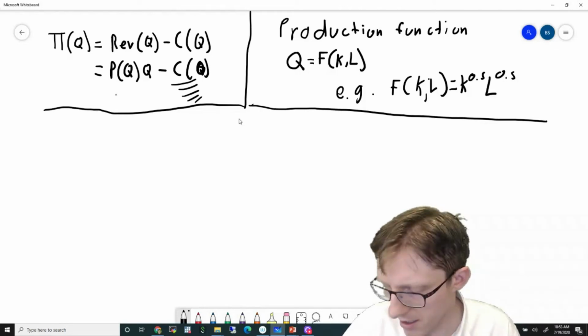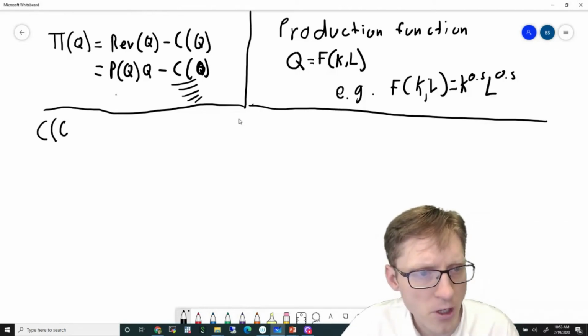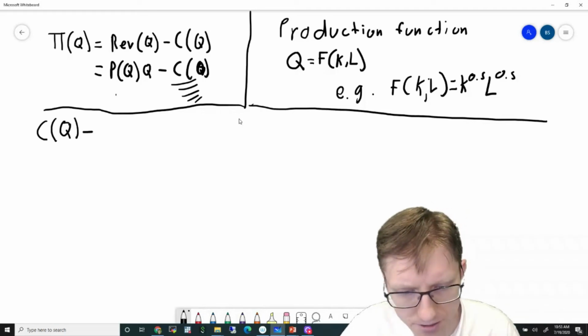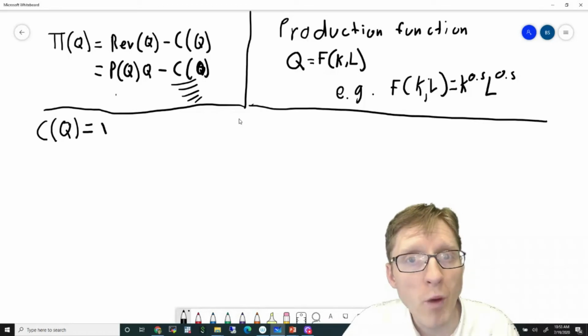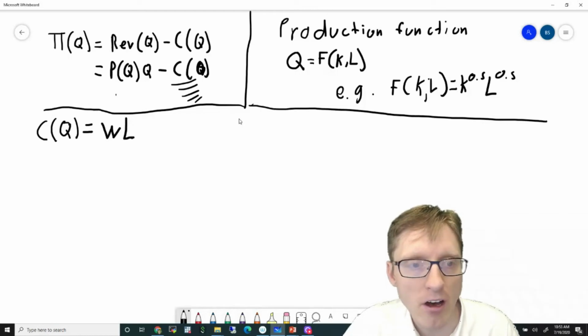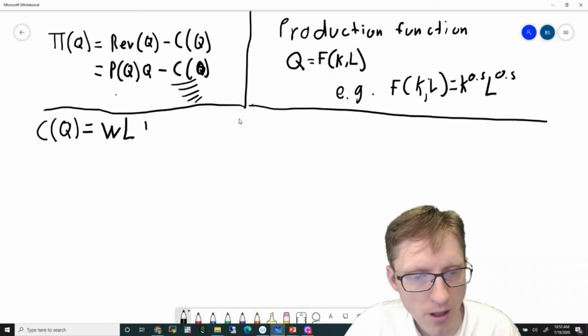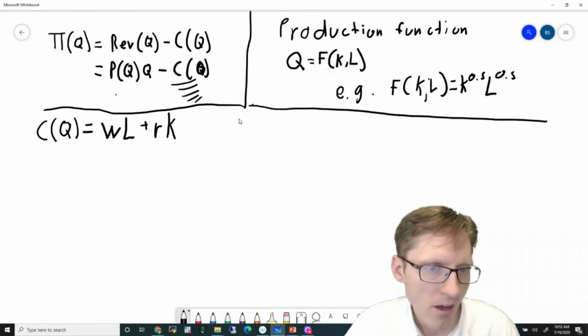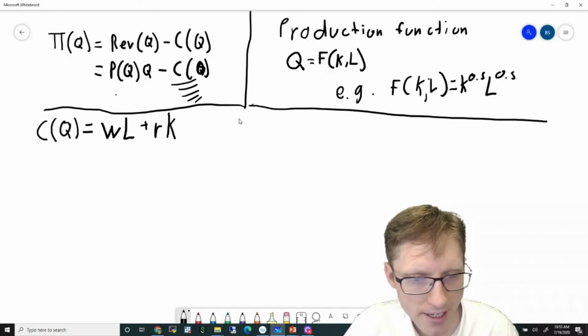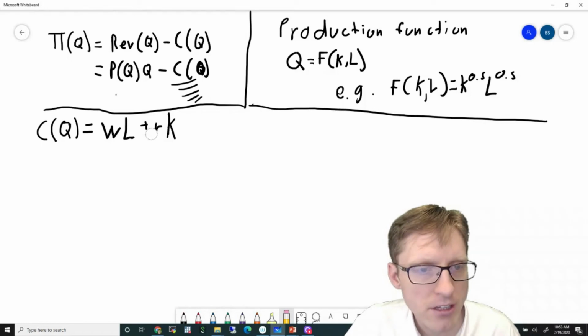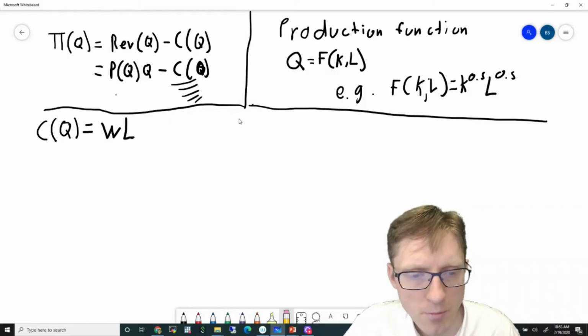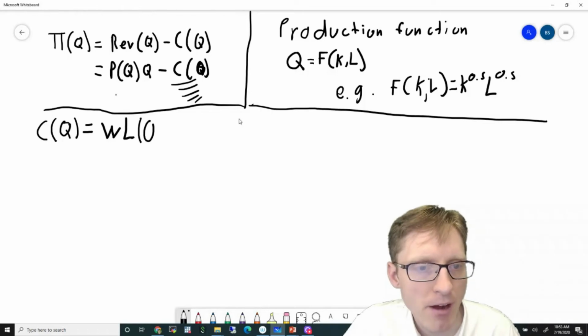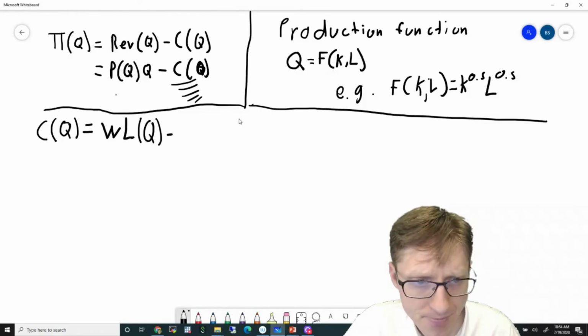So the cost function, the cost of the quantity of output, is going to be equal to the wage, which is the amount you have to pay per unit of labor, times the amount L of labor used, okay, plus the price per unit of capital, which we're going to call R, times the amount of capital used, which is represented by K. Okay, and actually I can make this very clear that we are solving the short run production problem by indicating that the amount of labor used is going to be a function of quantity, right?